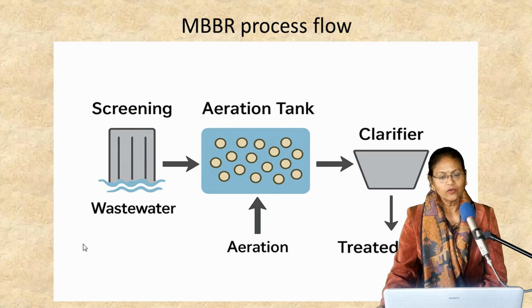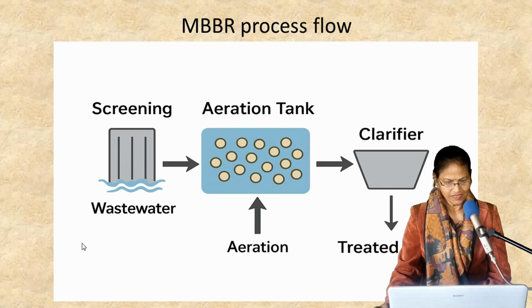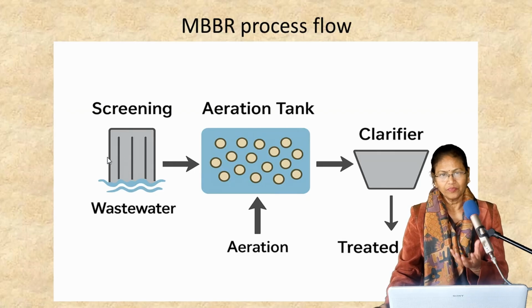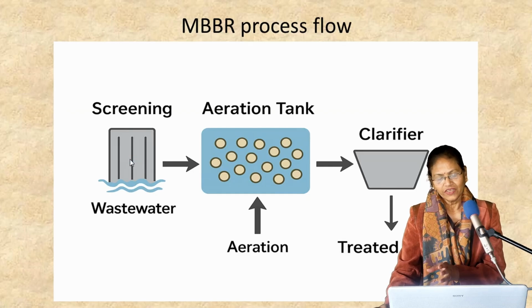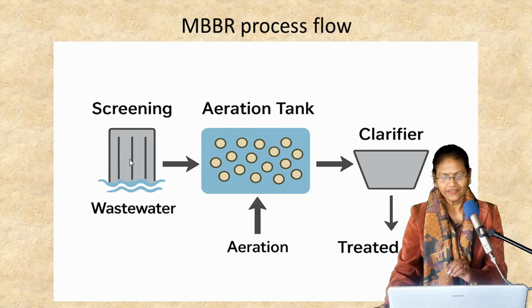Here you can see the whole MBBR process. First the wastewater will come and it will go through the screening. So the bigger particles will be separated, and after that the wastewater will enter into the aeration tank.